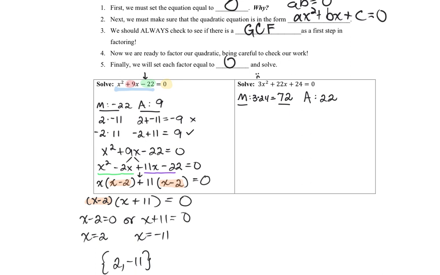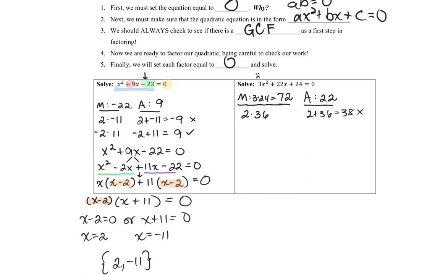So now, this is the part that makes factoring a little bit more challenging, is it's not immediately apparent what two numbers are going to work. But all I need to do is try all the possibilities. So 72, 2 times 36. But 2 plus 36 is 38. So that doesn't work.